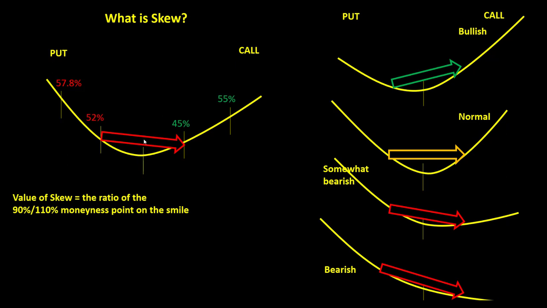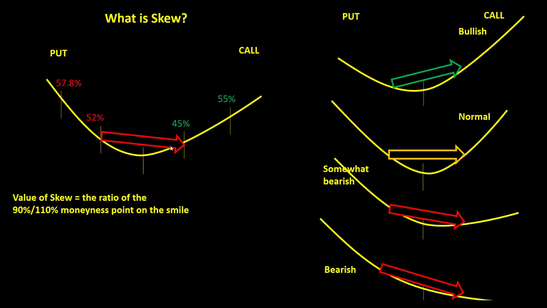Now one way to measure the steepness or the cheapness or not of the calls compared to the puts is to compare 2 points on that skew. Usually the 90% moneyness and 110% moneyness. So it's basically 10% down and 10% up on the skew.